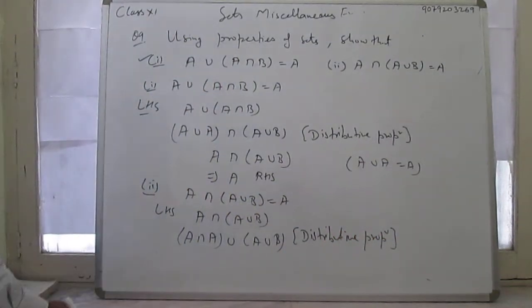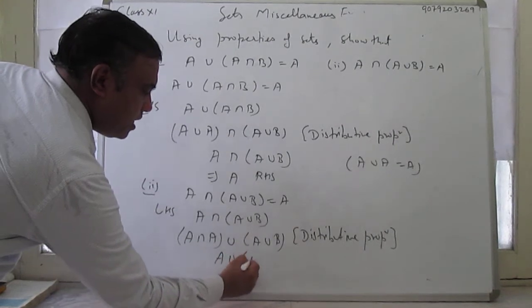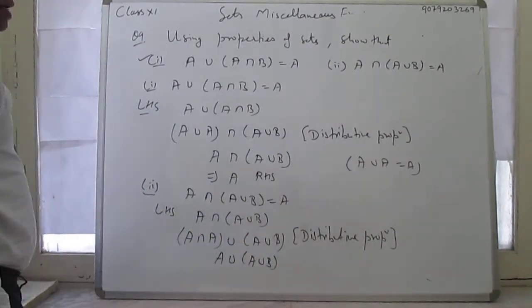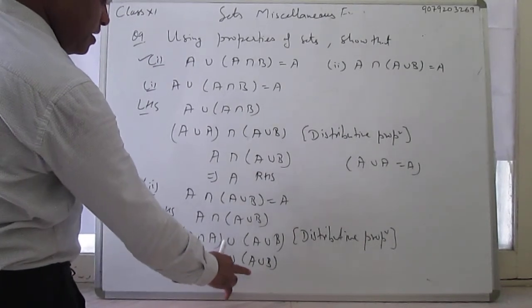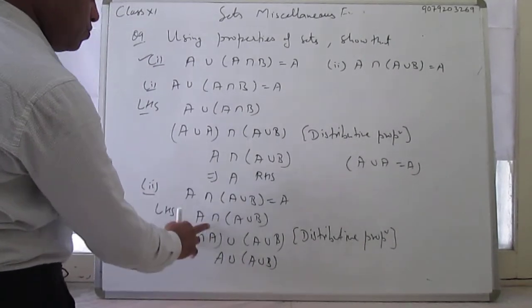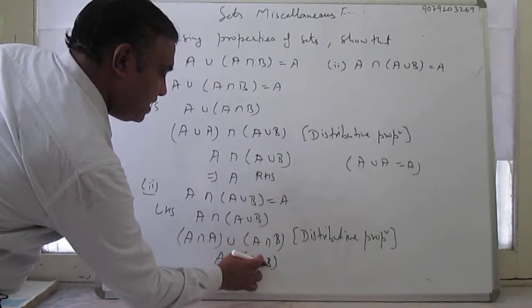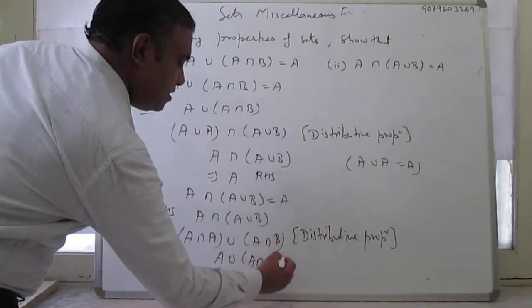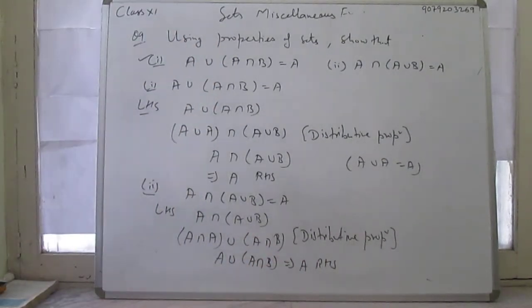Now see here, A intersection A is again A, union A intersection B. Here it is intersection. A union (A intersection B) is again A. That is the right hand side.